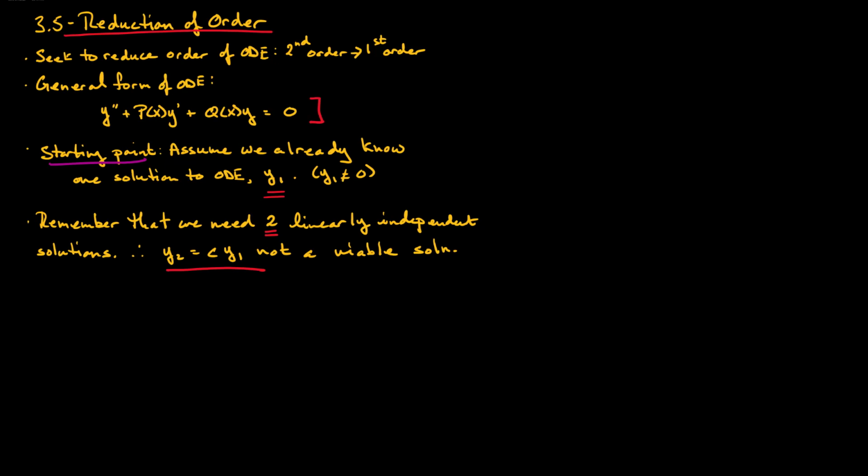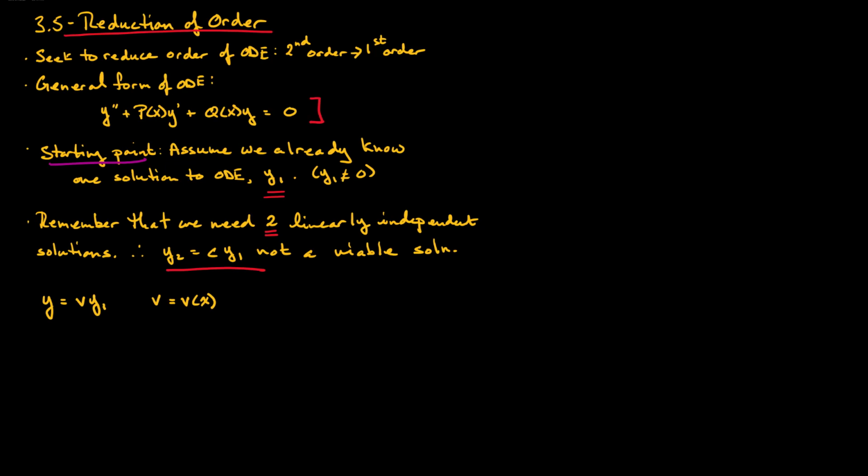So what we're going to do is propose a new solution, y, which will be equal to v multiplied by y1, where v is a function of x, which is so far unknown. So the purpose of this video is actually to figure out what this factor v is.